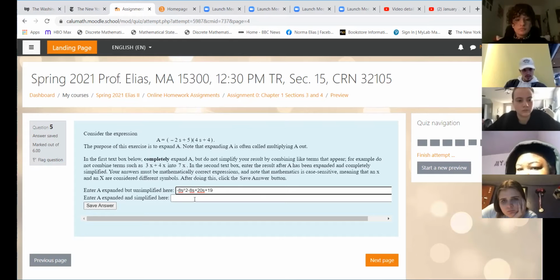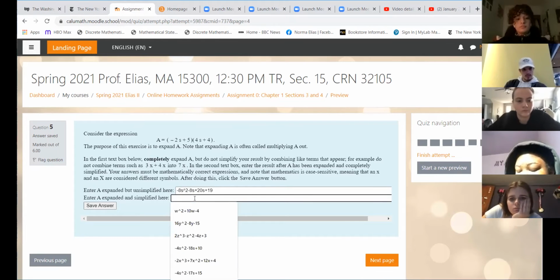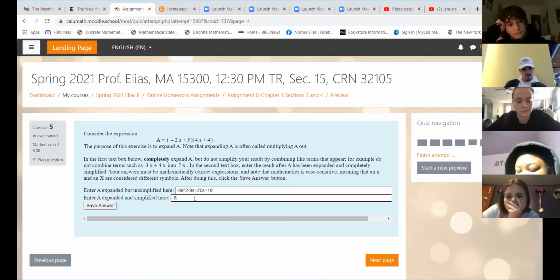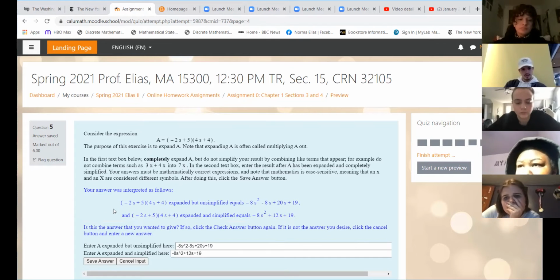Now, enter A, expanded and simplified. It means I want you to combine like terms. So according to me, I get minus 8 s squared minus 8 plus 20, which gives me plus 12s. So I'm combining like terms, plus 19, which I know is a mistake, but that's fine. And now I hit save answers.